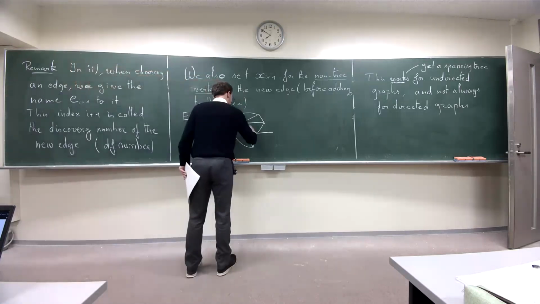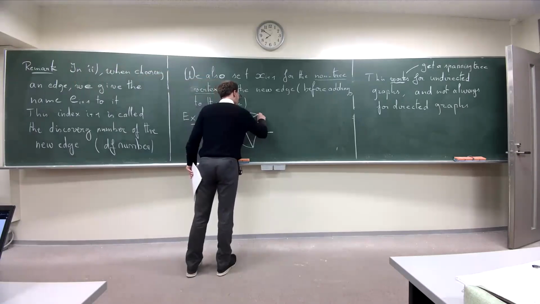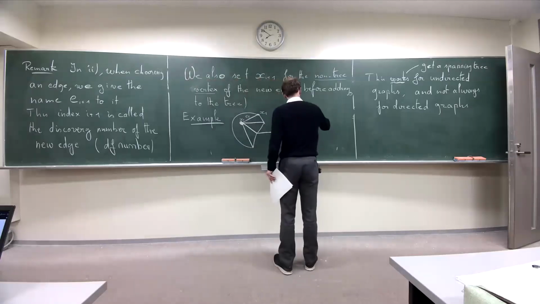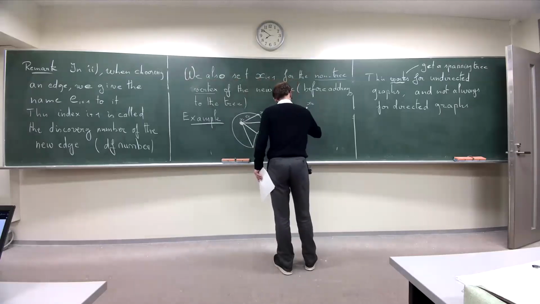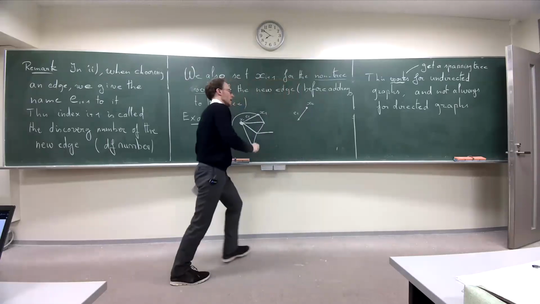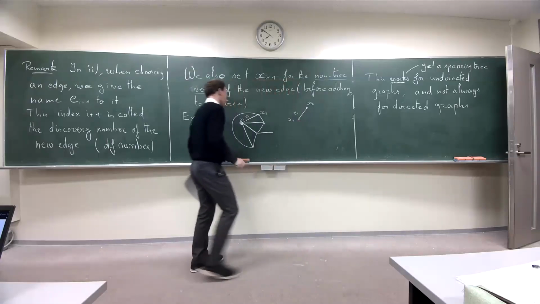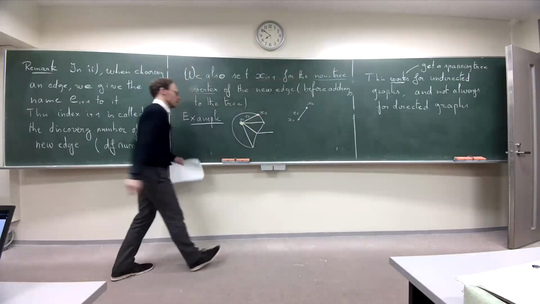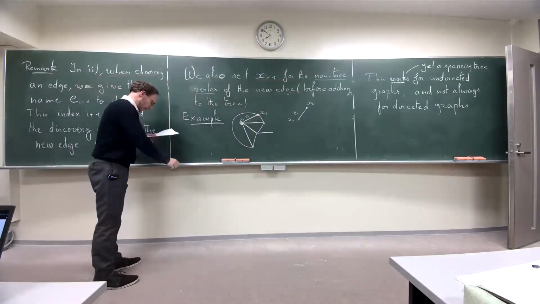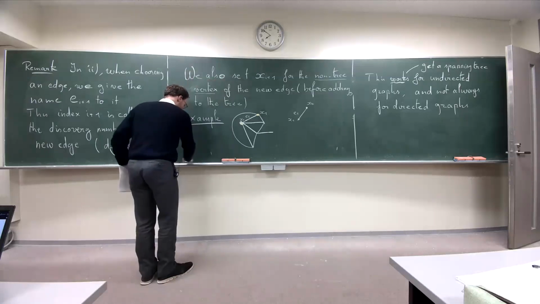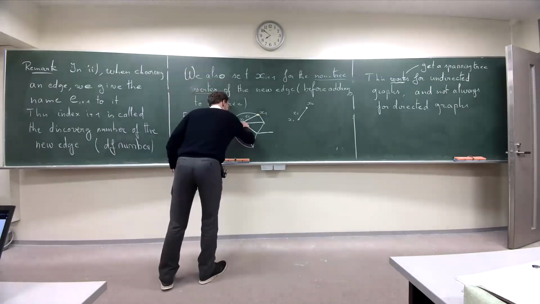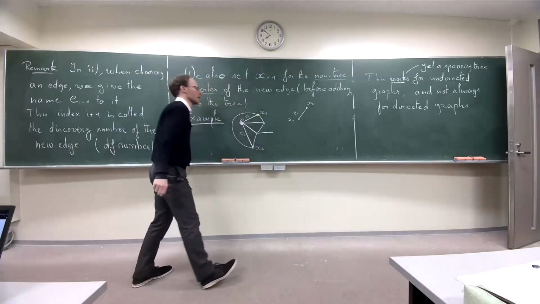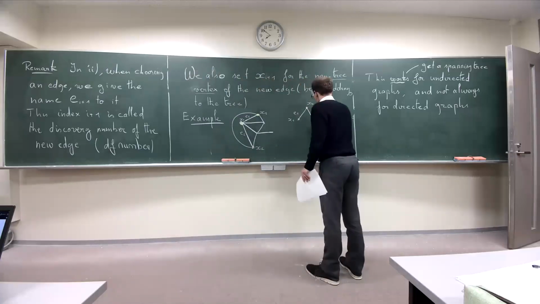I just choose one. This is E1, so this is going to be X1. Let me build the tree. We have X0, E1, and so this is X1. Then I need to choose a second. Maybe I put colors once they are used. These two vertices are used. Then I need to take E2. I'm going to decide that this is E2 because it's still in the frontier. So this is X2.